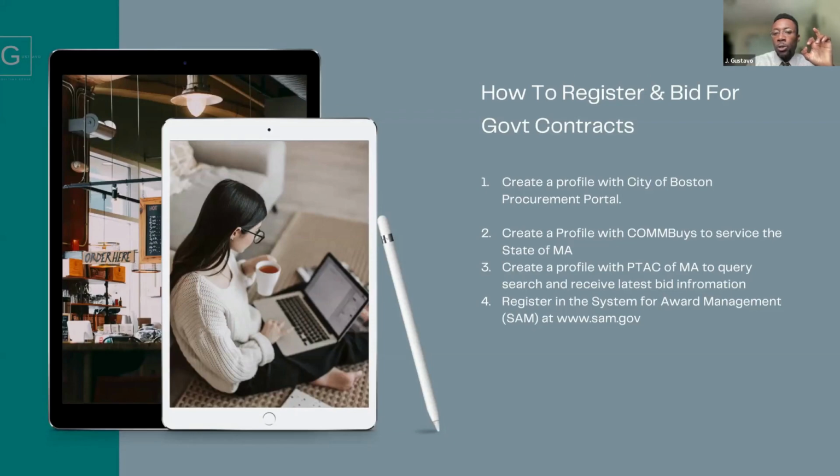So what you will do is create a profile. The profile will probably take you a few hours to complete, but make sure you have all of your paperwork because it is a very paperwork intensive process. If you're looking to provide services to the state of Massachusetts, you would have a greater chance if you have your MBE, your DBE, your WBE in place before reaching out to the state.